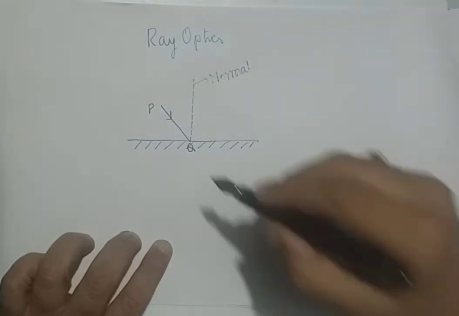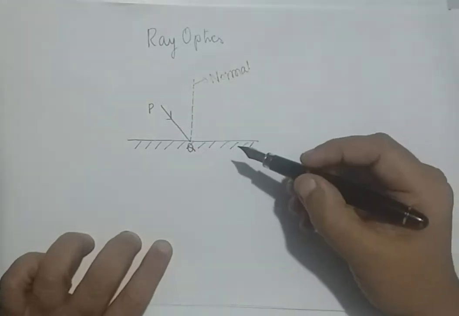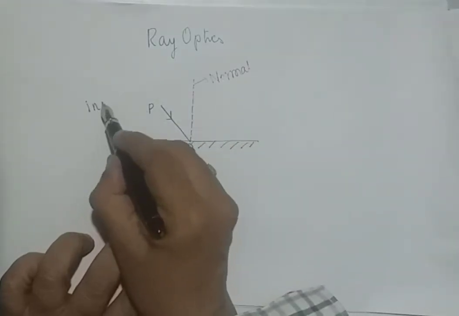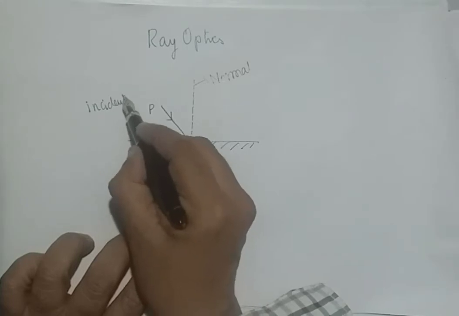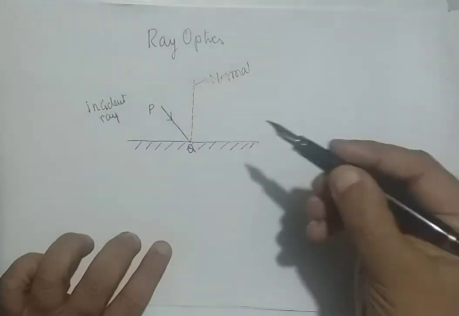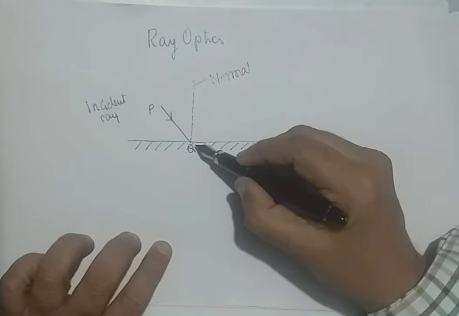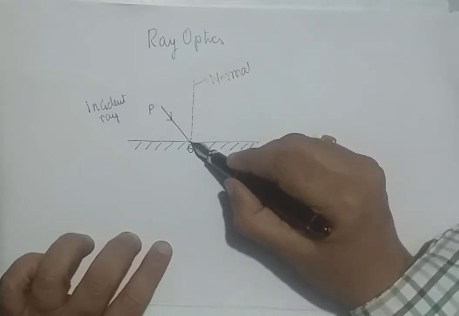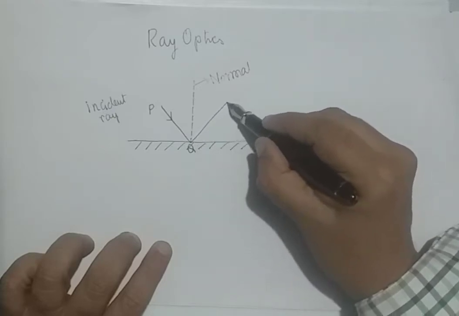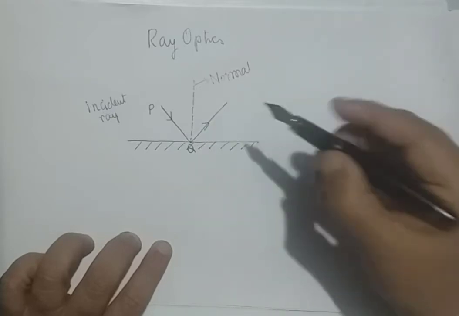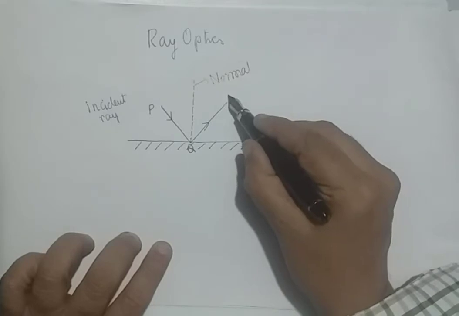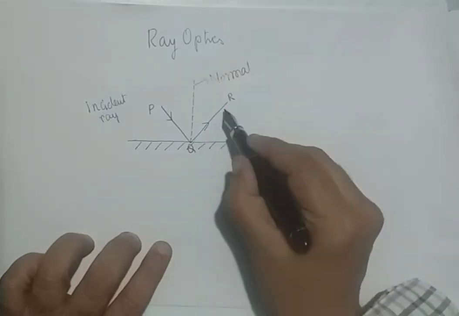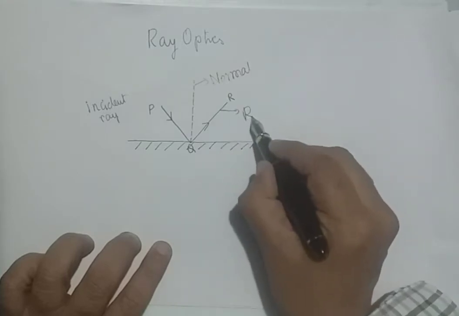This PQ with arrow represents the light falling on it, and in particular, this is called the incident ray. After falling on the mirror, it gets reflected back, it's sent back. The sent back ray is written like this with an arrow, and I call the point R. QR is our reflected ray.